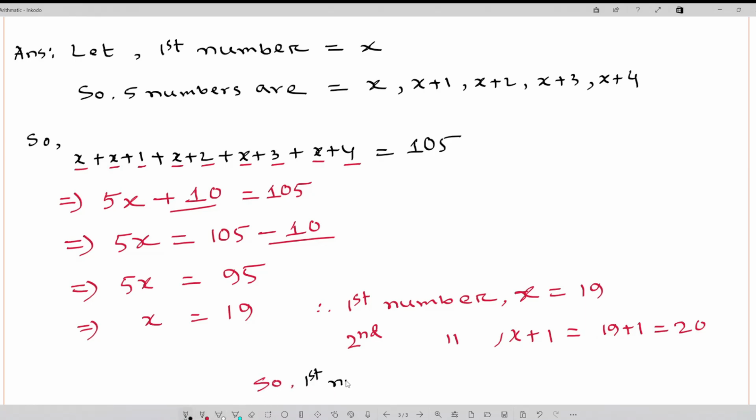So the first two numbers' summation equals 19 plus 20, it means 39.